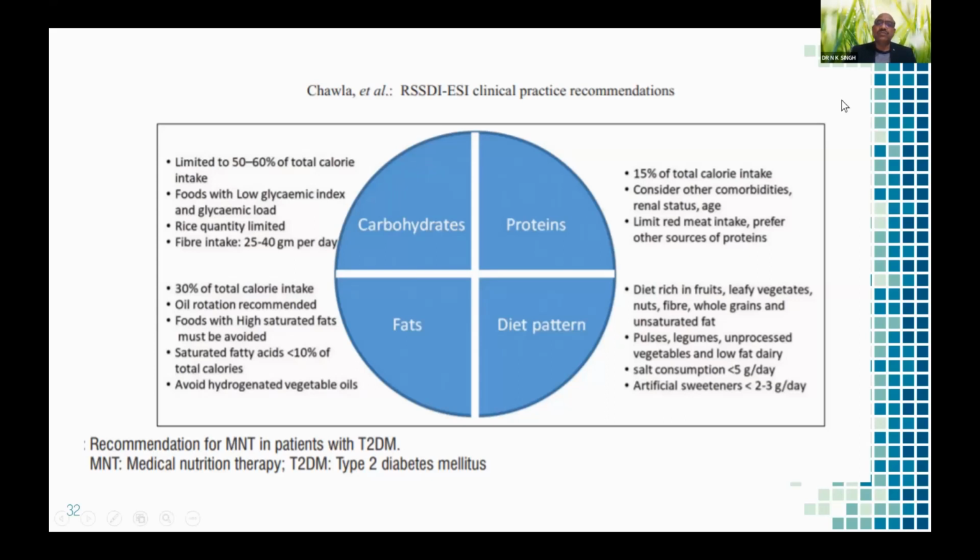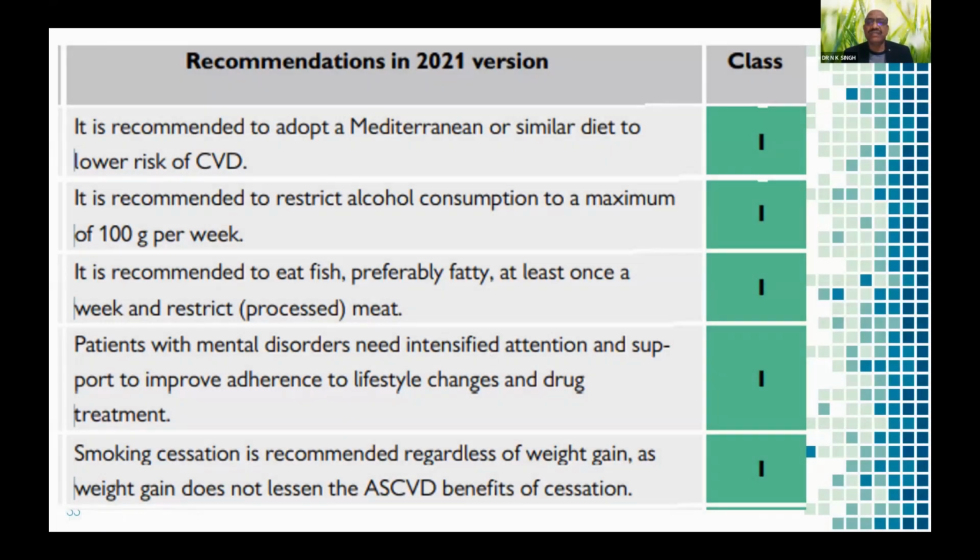That is how the ESC/EASD clinical practice recommendations say how to choose carbohydrates, how much protein and fat, and diet pattern. So you can say here that in 2021 or 2022, you can recommend to our patient to adopt a Mediterranean or similar type of diet.